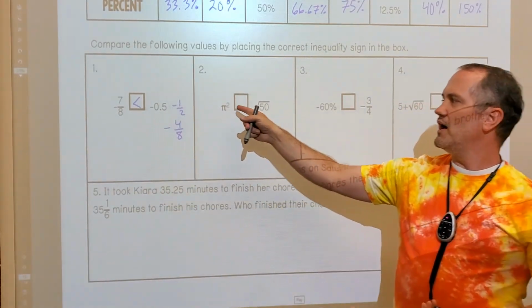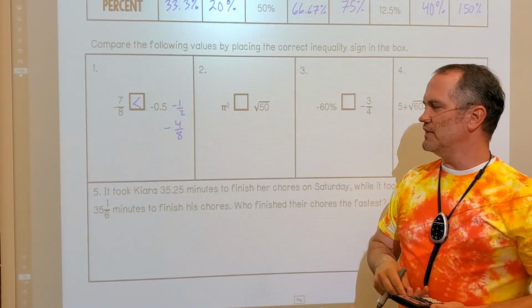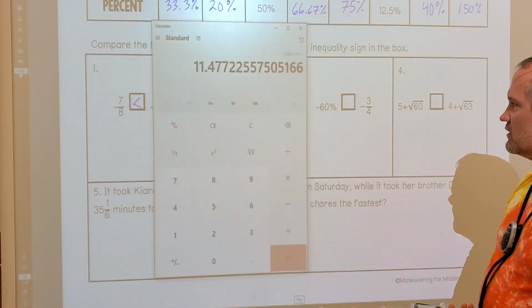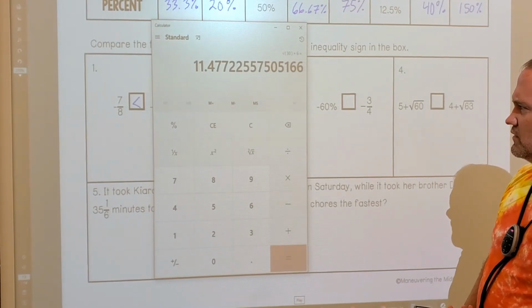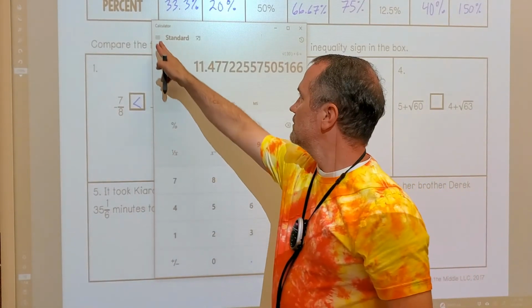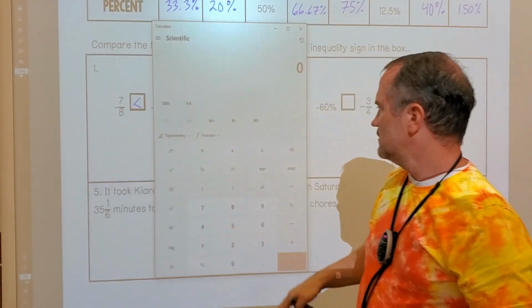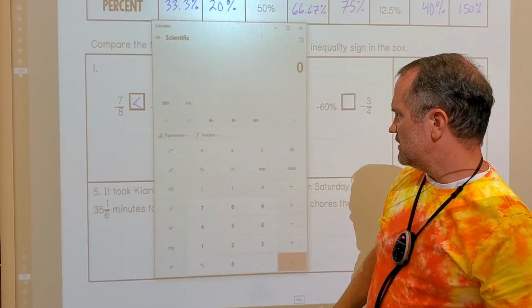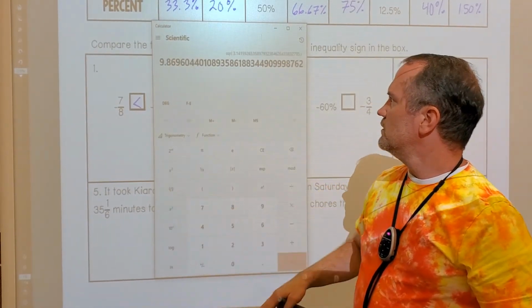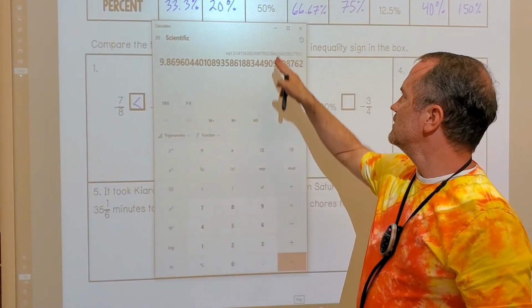Okay, pi squared and the square root of 50. Well, we would need to find out what that is. I wonder if I have a pi button on my calculator here. I don't, because it's not in scientific mode. And I think if I go to scientific mode, it might not be very legible. It's hard to read. Where's pi? There's pi. And squared. 9.869.